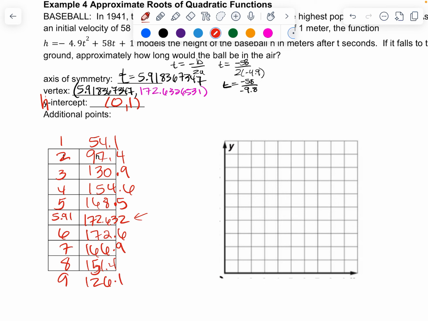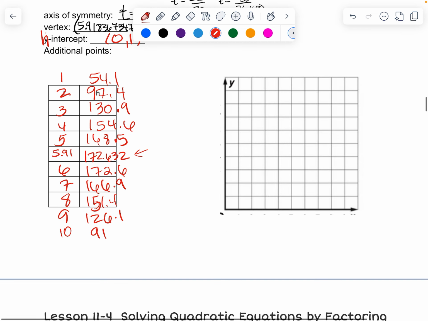Now putting a 10 in, I have to change it a little bit. There we go. So 10 got me 91.